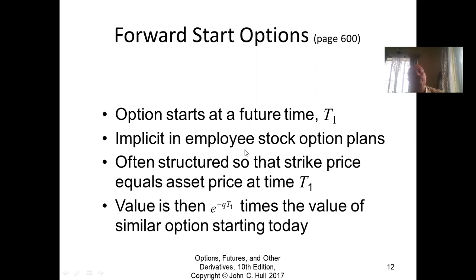You will get them only if you give a number of years of service. But the price at which you get the stock may be much lower than the price at that time. So these are often structured so the strike price will equal the price at that future time in expected terms. So those are valued accordingly.